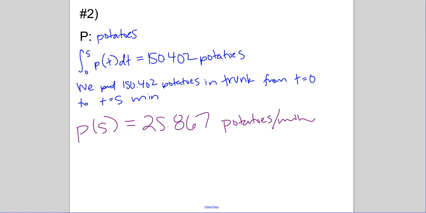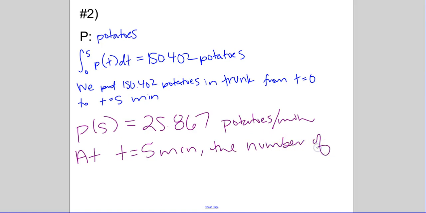So I can use my template from here. So we're going to say at what time? That's right, t equals 5 minutes. And what did capital P give me? Potatoes, so the number of potatoes is what? Increasing. Why?